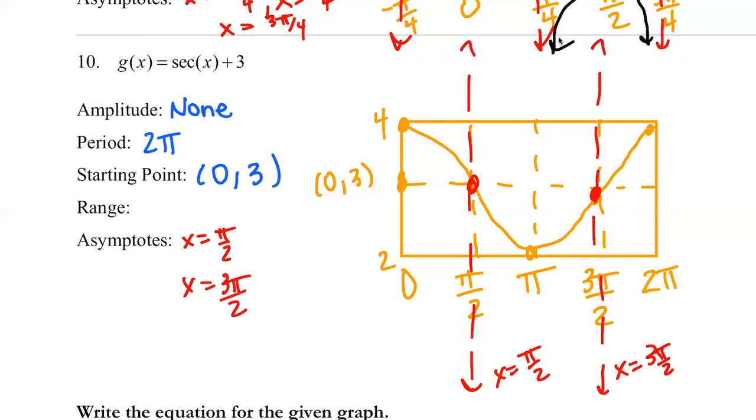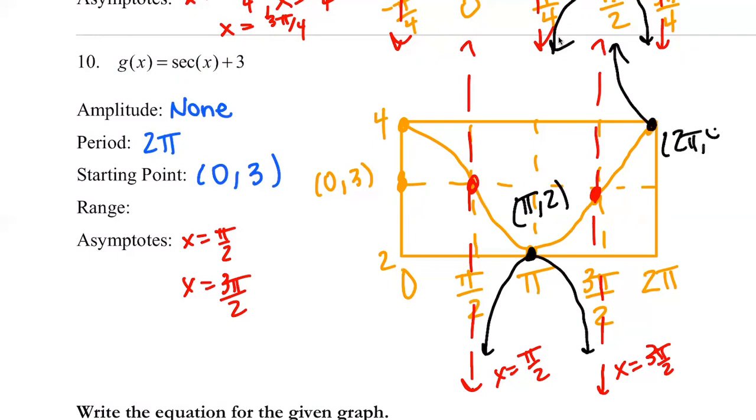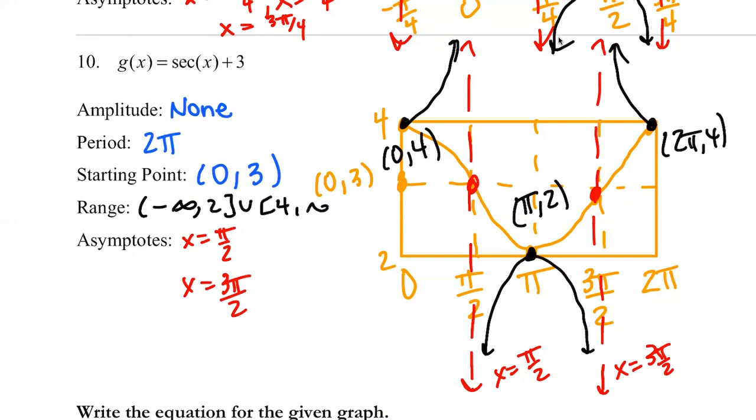Then we can take these coordinates and they become our U's. Our range for this graph is going to be -infinity to 2 and 4 to infinity, because that's where we have those black U's, and in between there is blank space.